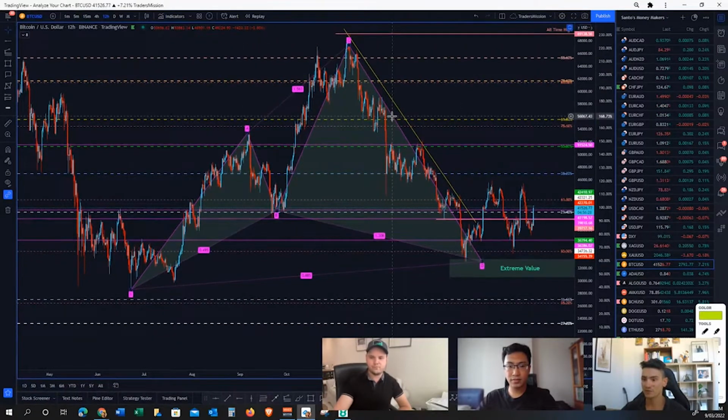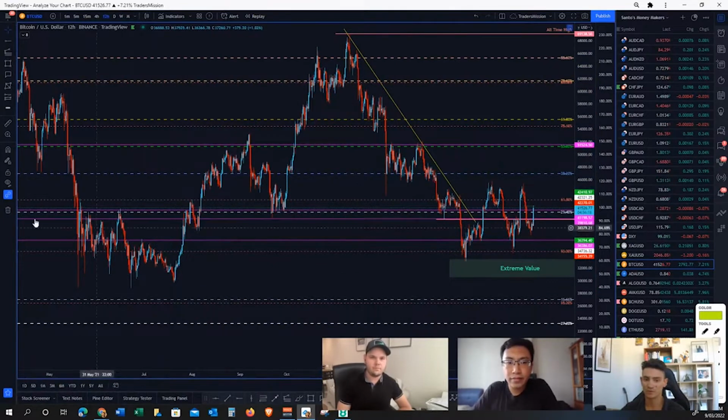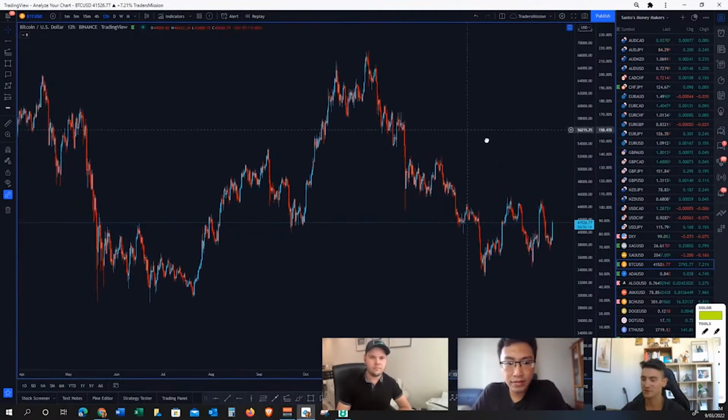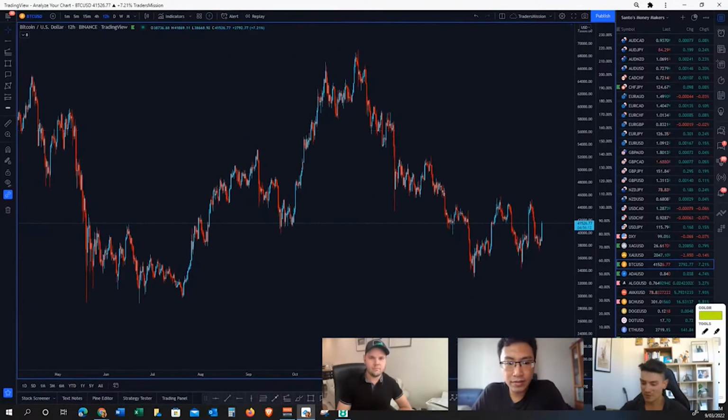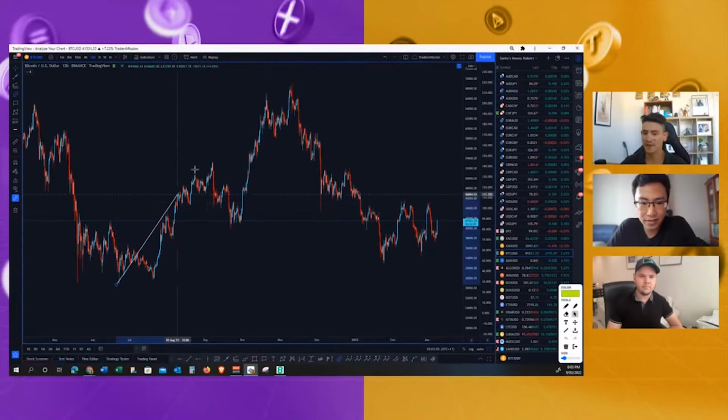And the way you plot these, you know what I'll do? Let me clear all the chart and we'll do it nice and fresh. Generally there's an A leg, then there's a B leg, which is the retracement, the first level, and then we get this zigzag.